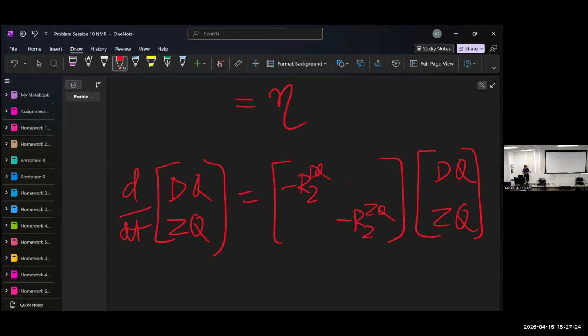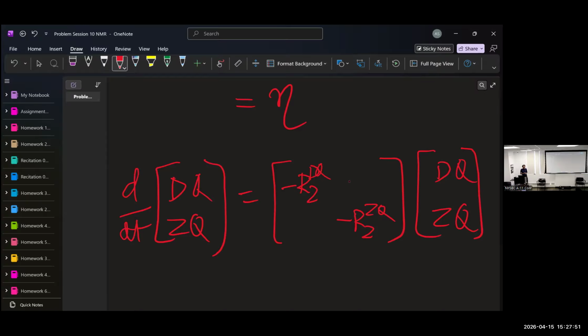Now the question is, is there going to be a cross relaxation between these two coherences? One answer, no. Other answers? Will double quantum relax into zero quantum?